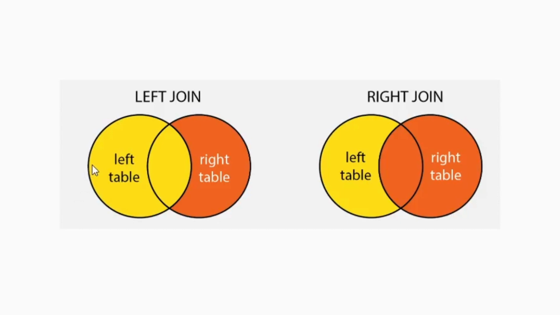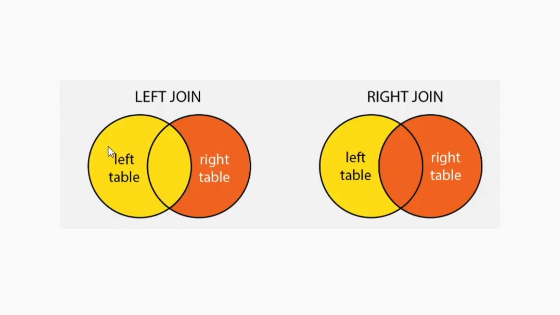Now, here's a breakdown between left joins and right joins. In a left join, you can always think of the left table having priority. When you're writing a SQL query, it'll always take all of the rows from the left table, so essentially the yellow one, and then only the matching rows from the right table.